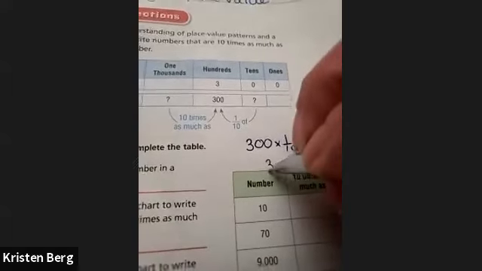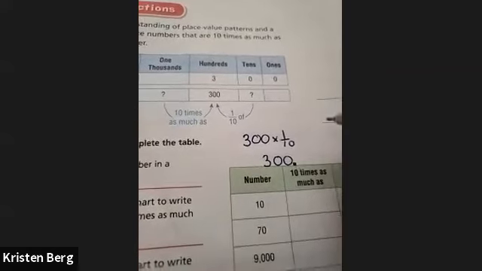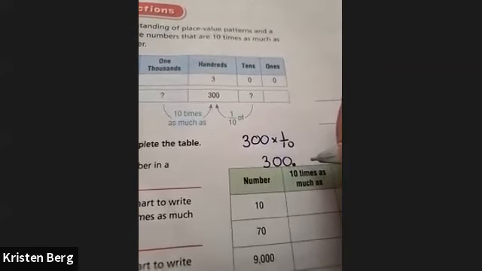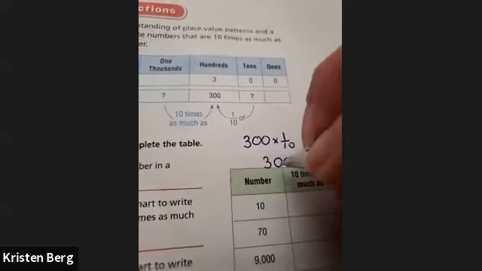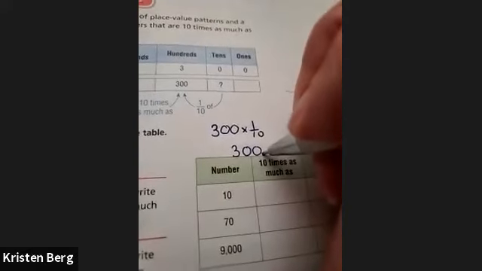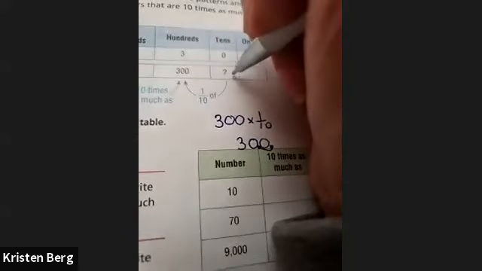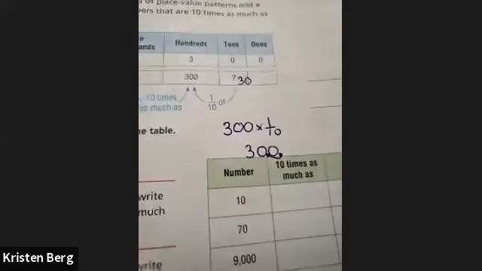So remember, take your 300. Where's your decimal on 300? It is at the end. And you're going to make it smaller. So should I move it out here if I want the number smaller, or move it in? You guys should be saying, and if you need to, you could always go back to your notes. And it says when you are doing 1/10, you need to go to the left 1 place, because you are making that number smaller. So therefore, if I'm going to go left 1 place, my new number is now 30. So it would be 30 here.